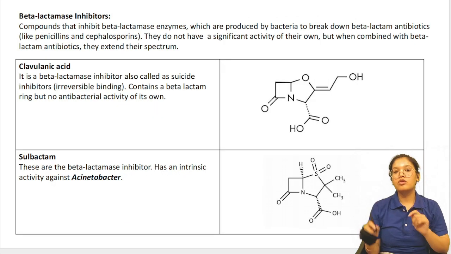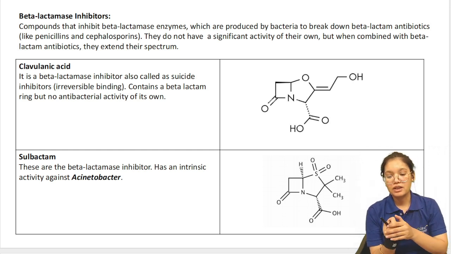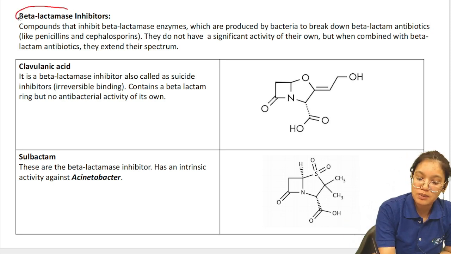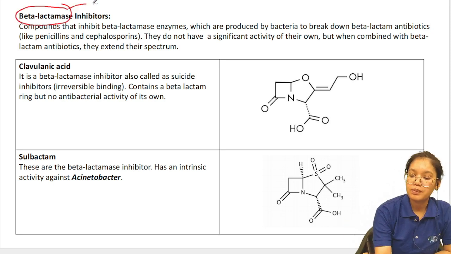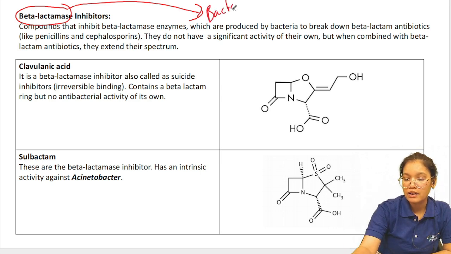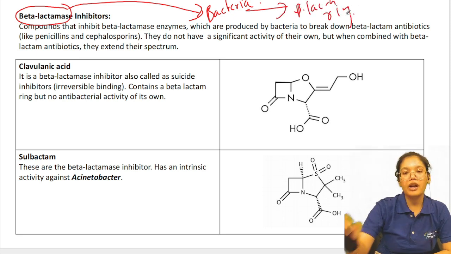Now moving forward towards the next beta-lactam antibiotics, that is the beta-lactamase inhibitors. What is beta-lactamase? Beta-lactamase is basically an enzyme released by the bacteria that can break down the beta-lactam ring.